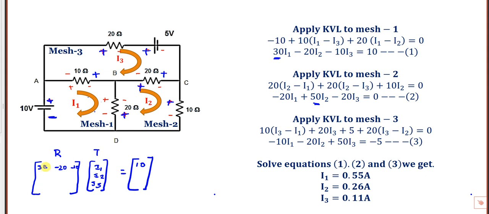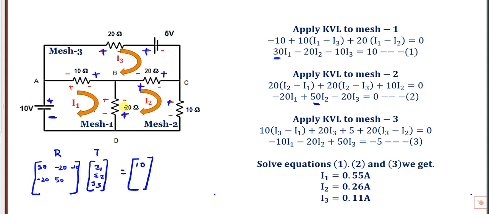And second, while writing KVL for mesh 2, this is common to 2 and 1. This is 1 1, 1 2, 1 3. Next is 2 1, 2 2, 2 3. Second row, element 2 1: common to 2 and 1 is the same 20, so whatever you got here as 20, you write minus 20. Sum of resistance in mesh 2, 20 plus 20 plus 10, is 50.